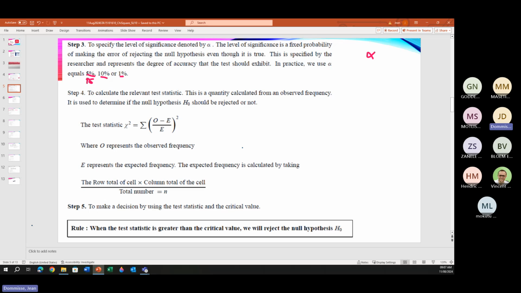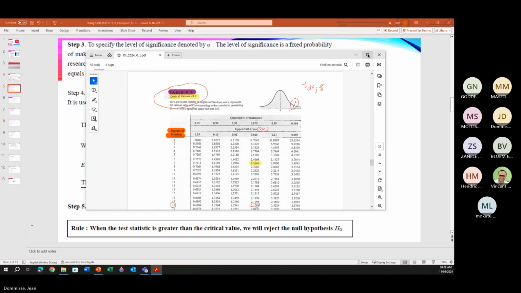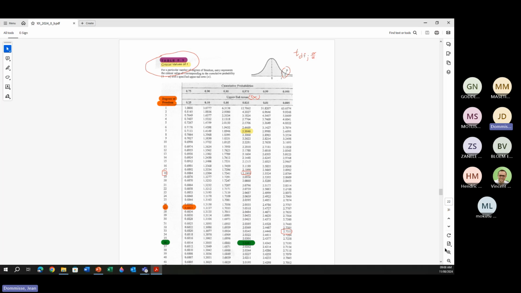When we look at the chi-square table, the one difference between chi-square and the t-table. So remember, let me quickly show. Let's make this a bit bigger.